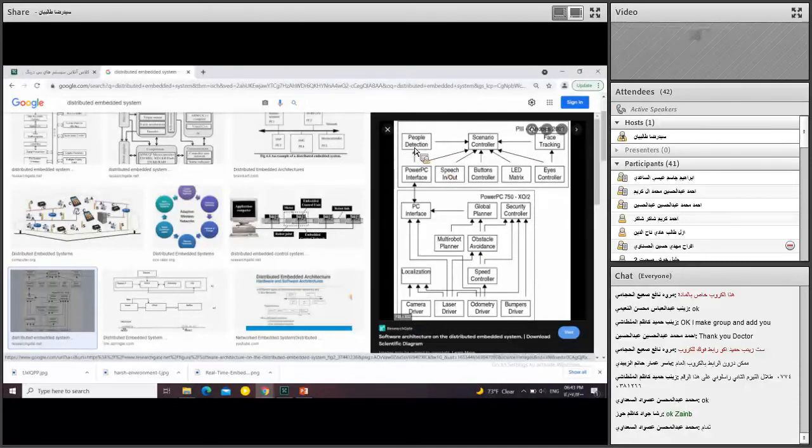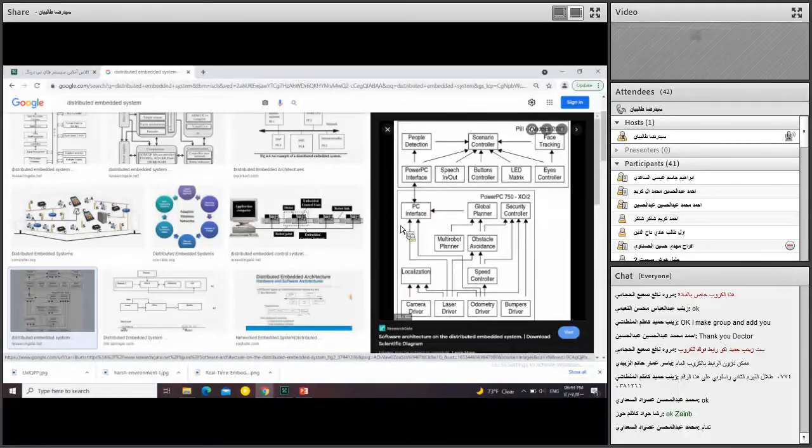You can see this interfacing part, for example, power PC interface, speech input and output, buttons for controlling, LED matrix, eye controller, face tracking, people detection, and all of them gather information through this special scenario controlling, and all the information will go to the processing part.